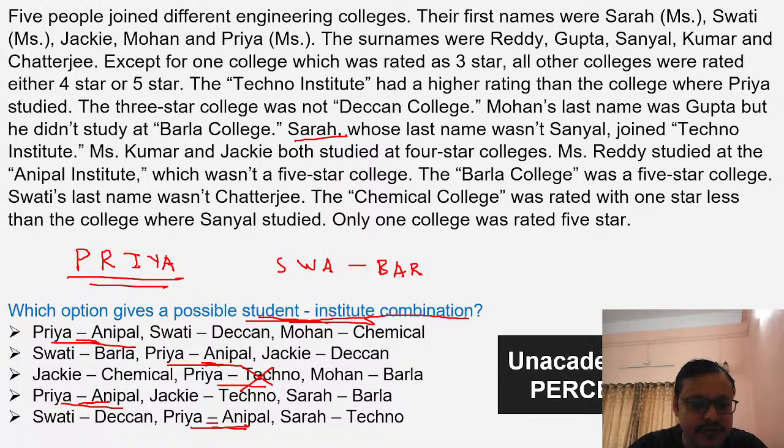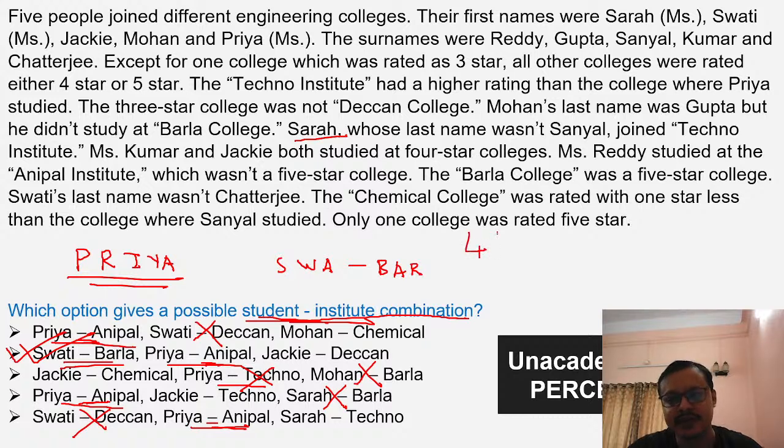So if you see, Swati Deccan is incorrect. Mohan Bala is incorrect because it should be Swati Bala. Sara Bala is incorrect. Swati Deccan is incorrect. The only option to talk about Swati Bala correctly is option B, which means you've given yourself 4 out of 5 already.